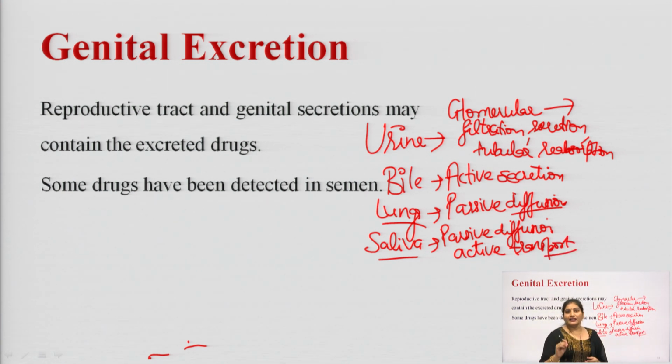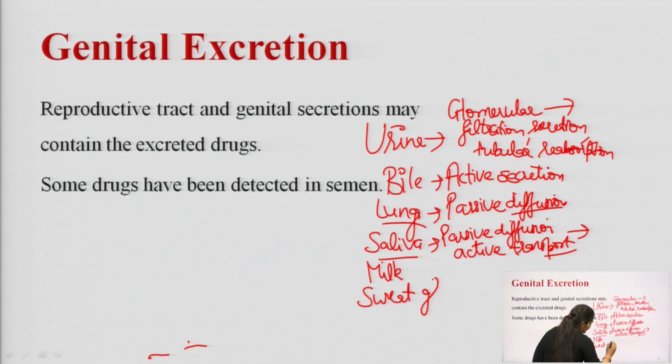So, the free unionized drug and lipophilic drug can get excreted out in the form of saliva. Next route is the milk, and last one is the sweat glands. Okay. In the milk, in the sweat gland and as well as in the intestine, the passive diffusion is involved.